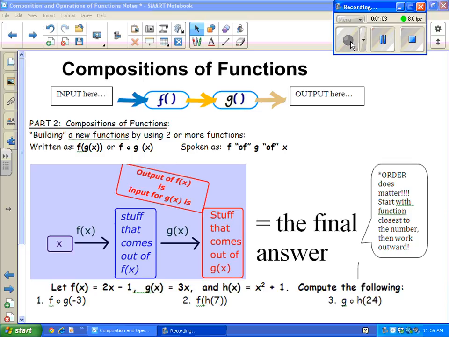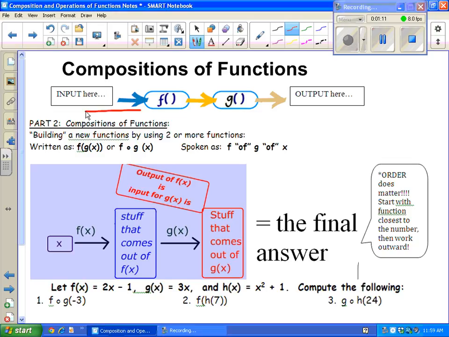So if I look at my little picture, I tried to find diagrams that would actually help you conceive what a composition of function is. So if I input something into the first function f, I'm going to get something out of f. If I take what I get out of f and I put it into g next, then I'm going to get something else out of g, and that would actually end up being what I see.